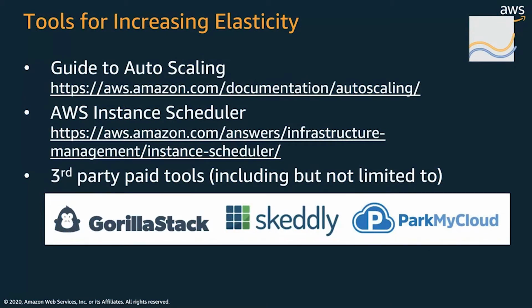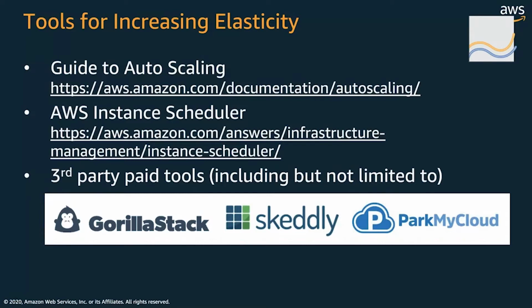There are tools that we can use from an elasticity perspective. Auto scaling I've just mentioned. There is a tool called the EC2 Instance Scheduler. What the EC2 Instance Scheduler does is schedule instances up and down on a time basis.